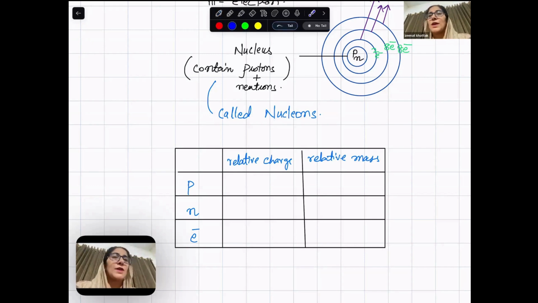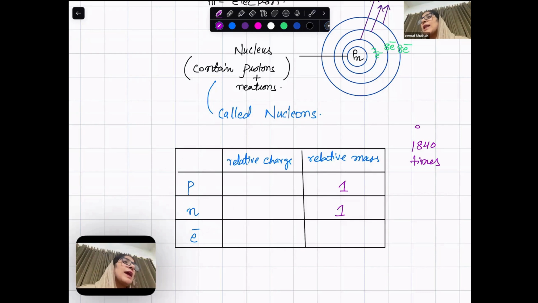You know, the mass of a proton is equal to the mass of a neutron. Their masses are equal. They're each one. The one means they are equal. Whatever is the mass of the proton is equal to the mass of the neutron. But you know, the electron is 1840 times lighter than a proton or neutron. So how are you supposed to write it? 1 over 1840.